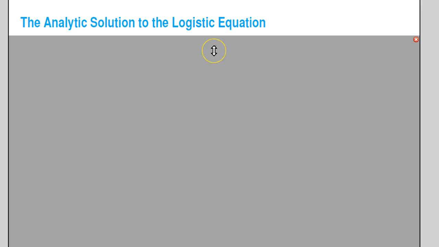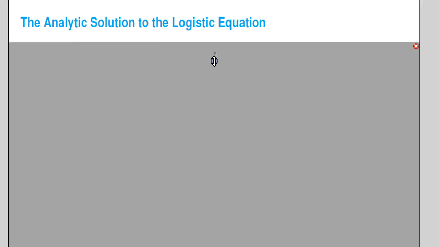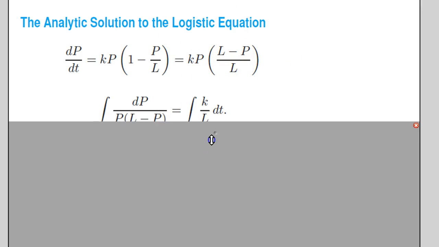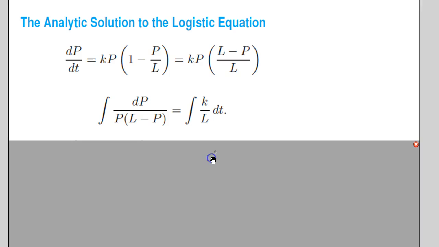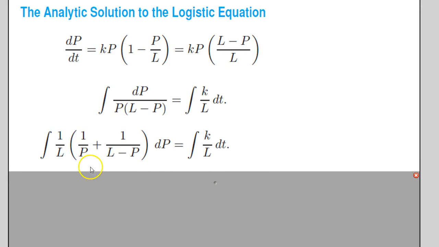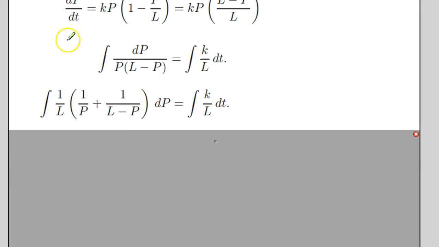Okay, so we've seen what the graph looks like, but how do we get the actual general solution for a situation that has a logistic model? Well, as you recall, our dp dt looks like this, and we can rearrange it to look something like this as well. Using separation of variables, we take the integral of both sides, then using partial fractions, break this fraction up into this form.